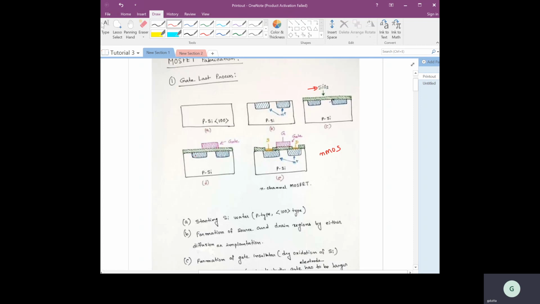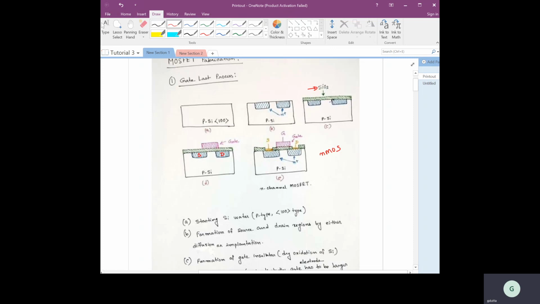Now you have to form the source and drain contacts, but you can see the source and drain regions are covered with silicon dioxide, right? This is the source N plus and this is the drain N plus region, and they are covered with silicon dioxide. So you need to first etch or open this region. How do you open it? Well, the particular term used in VLSI technology is etching.